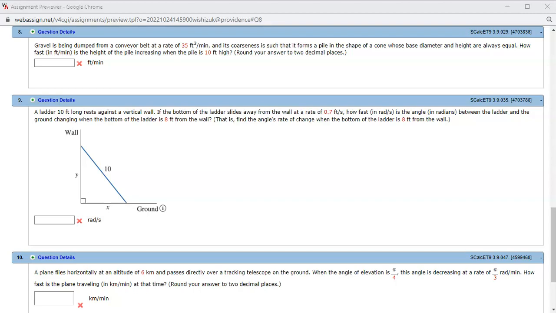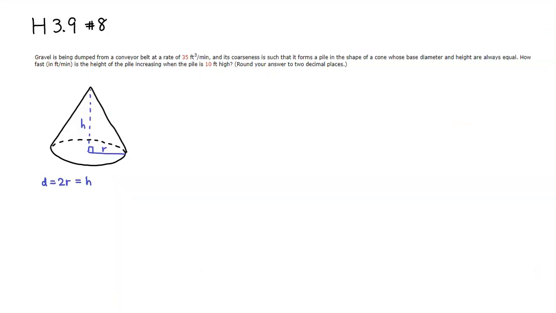All right, so let's do that. The volume of the cone, let's call it V, the formula is 1/3 pi r squared times height.